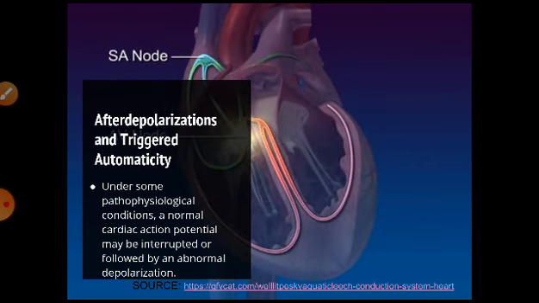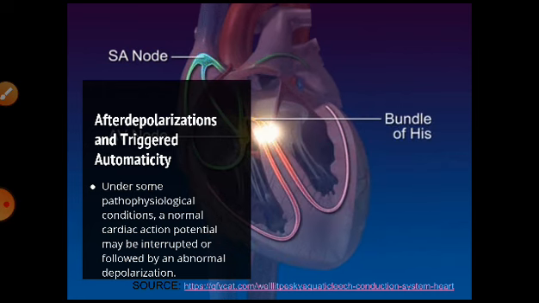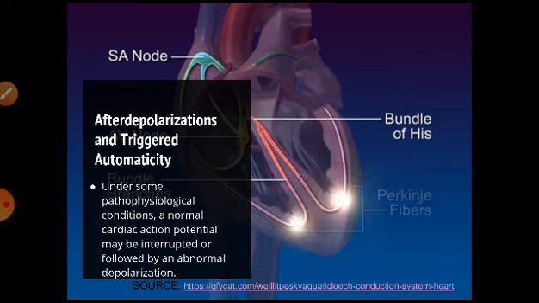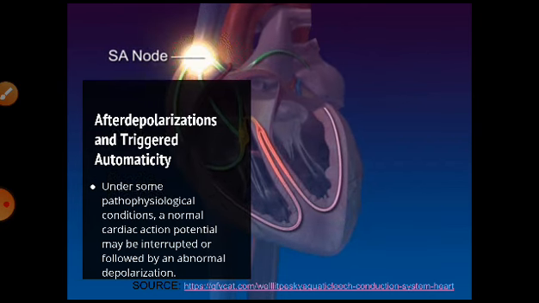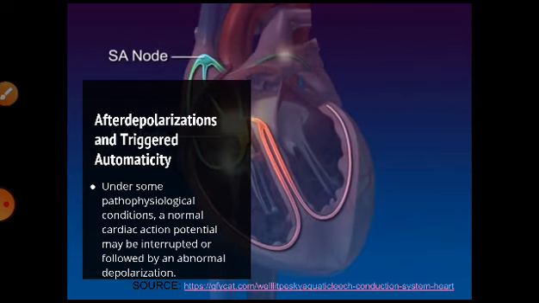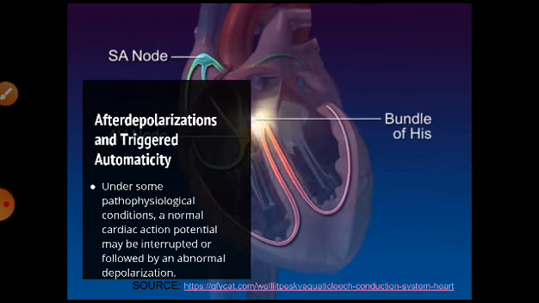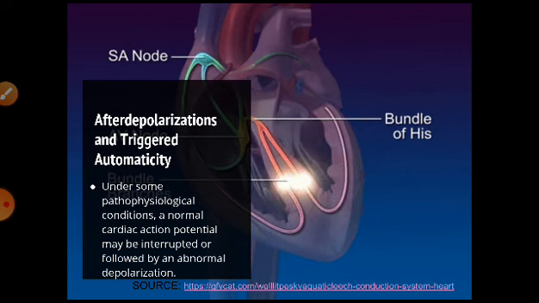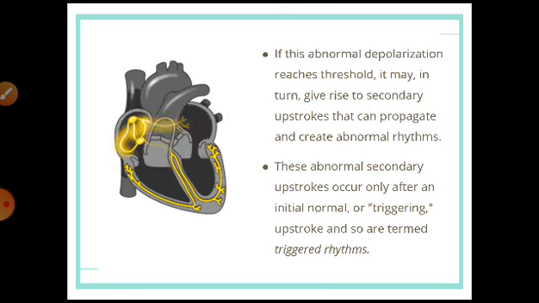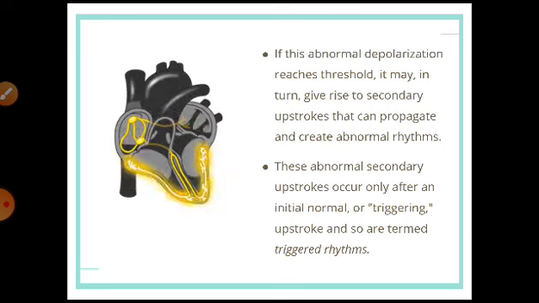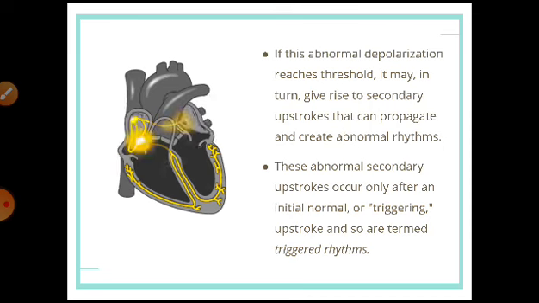So this is the normal mechanism of action potential generation. But what happens if this is modified by some condition? Then triggered automaticity is the result. Here the abnormal depolarization reaches threshold. Imagine a condition where depolarization happens, but it is an abnormal depolarization.